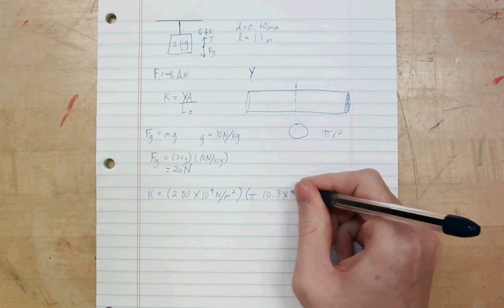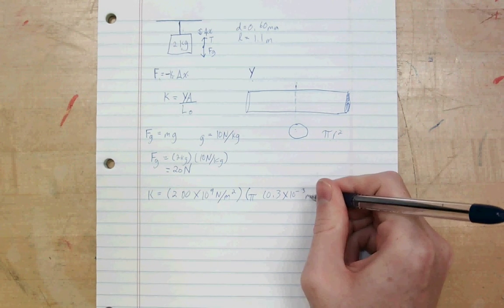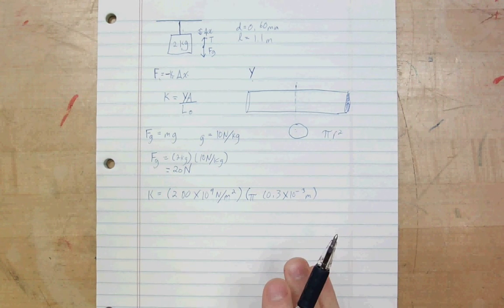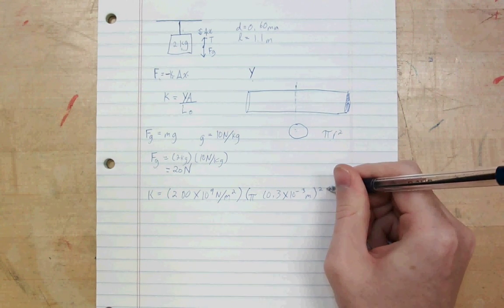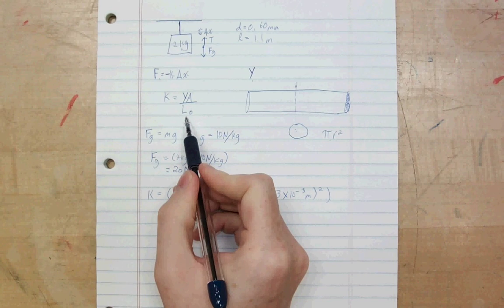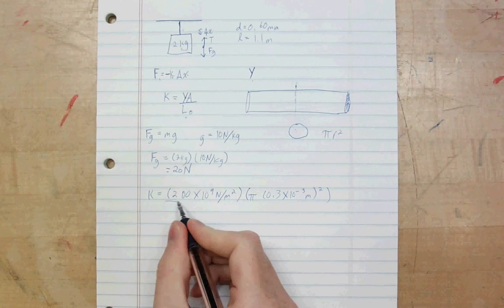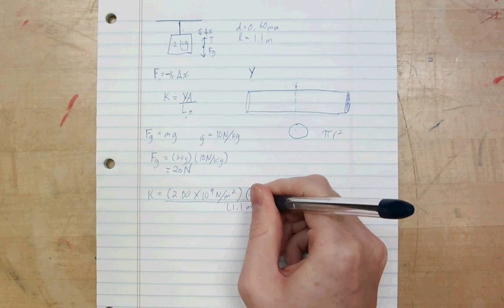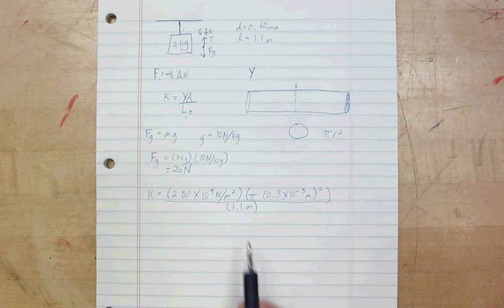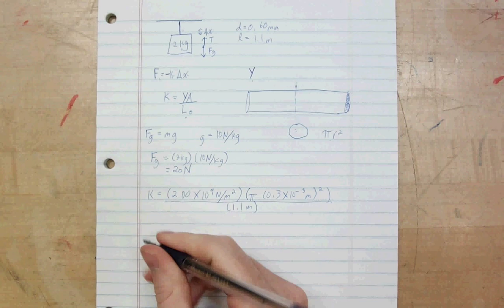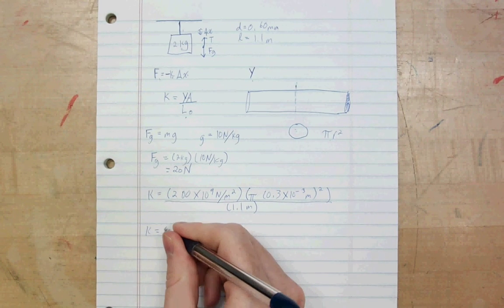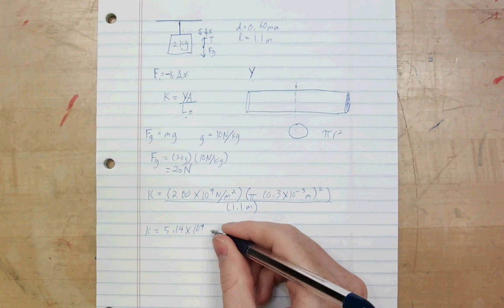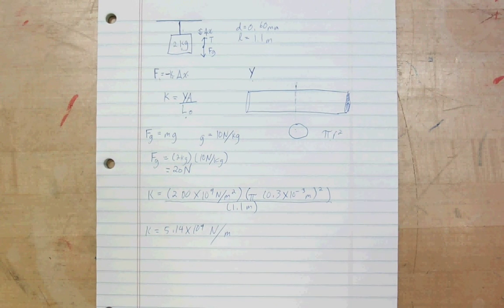So let's go ahead and just convert that to meters. 1 millimeter is 10 to the negative third meters, so that's easy. And that was my radius, so I have to square it. Divided by my equilibrium length, or the length before I stretched it. And that is 1.1 meters. And if I work this all out with the calculator, I get 5.14 times 10 to the 4th newtons per meter.